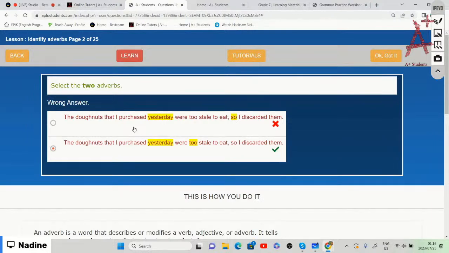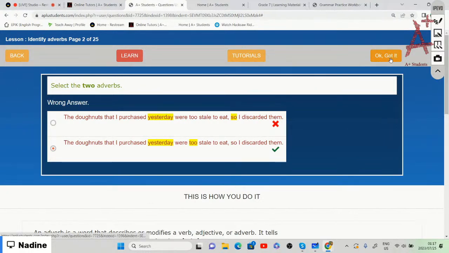So if ever you get an answer incorrect, remember that it doesn't mean that you don't know it. Sometimes the options can just be so tricky. So if you get something incorrect, you can look for the correct answer, copy that link, send it to us, and you will get 100 bonus points.